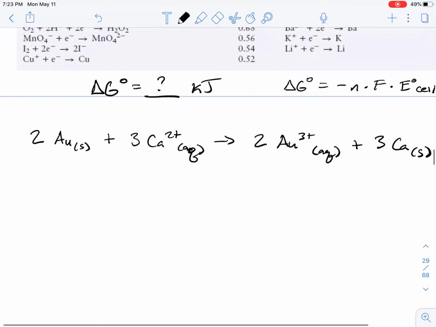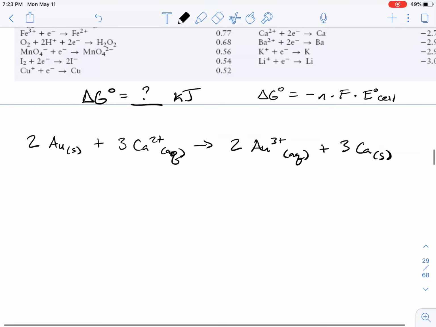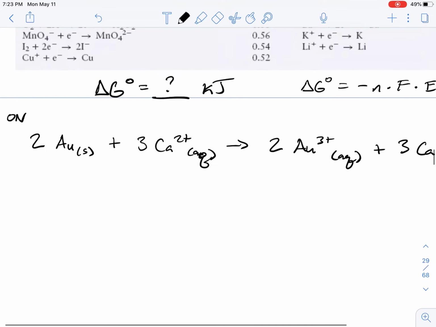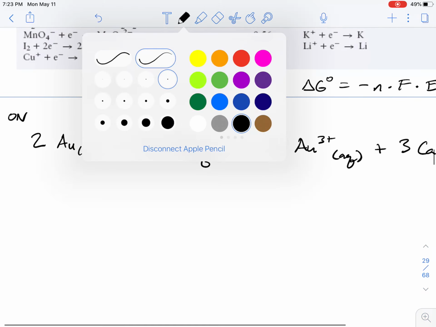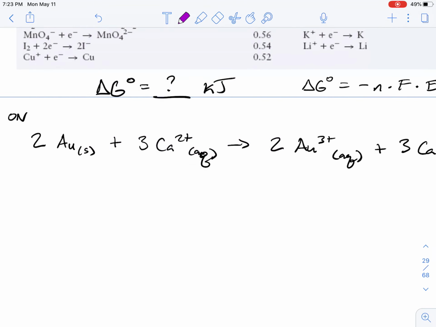And so the first thing that I need to do is figure out what's oxidized and what's reduced. And so according to my oxidation numbers, this is 0, this is +2, this is +3, and this is 0. Now I'm going to write the oxidation numbers in a different color. So this is going to be 0, +2, +3, and 0.